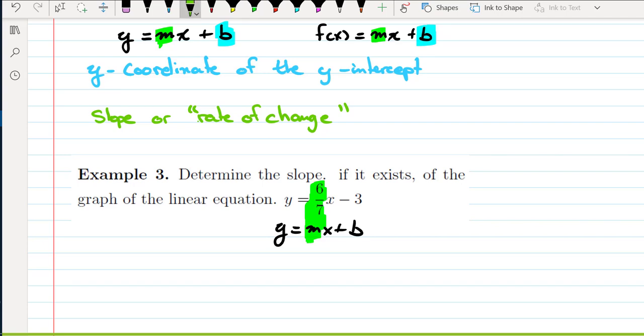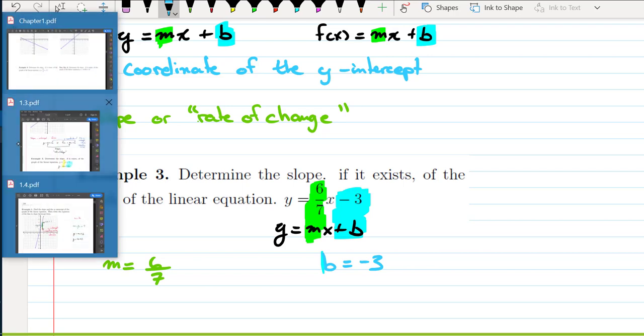So we see that our m value is going to be 6/7. So that would be the slope of our line. We weren't asked explicitly to do so, but if we were asked what our b value was, we would see that our b value would be -3.